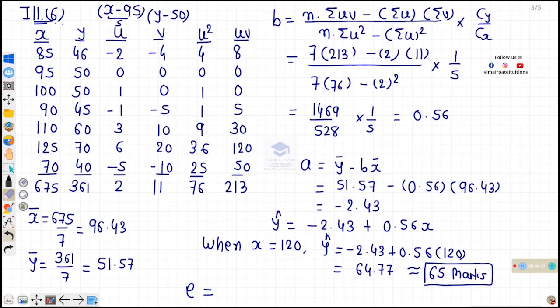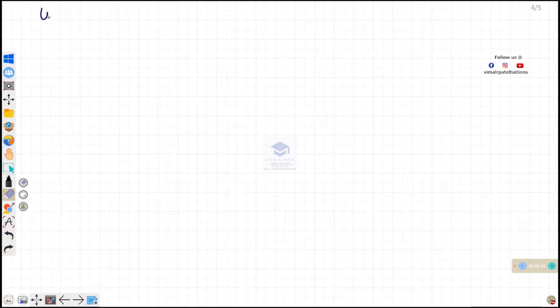So first of all, when x is equal to 100, we have to find out the estimated value of y.